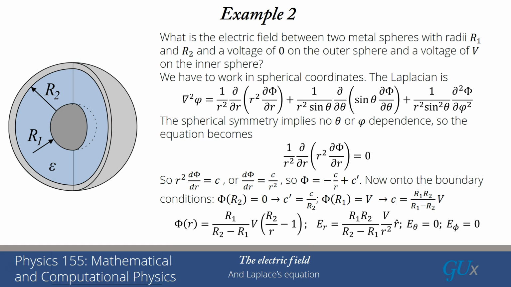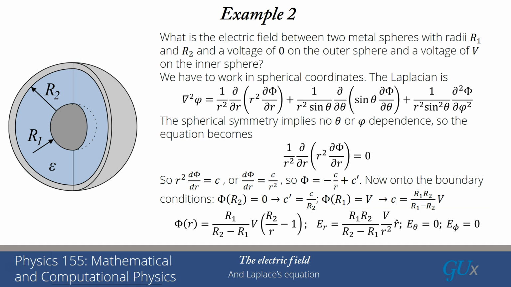To find the radial component of E, I have to take the gradient in spherical coordinates, and that gradient ends up being just the derivative with respect to r in the r hat direction. And so I get r1 r2 over r2 minus r1 times V over r squared. The theta and phi components, because there's no theta or phi dependence to phi of r, are both equal to 0.